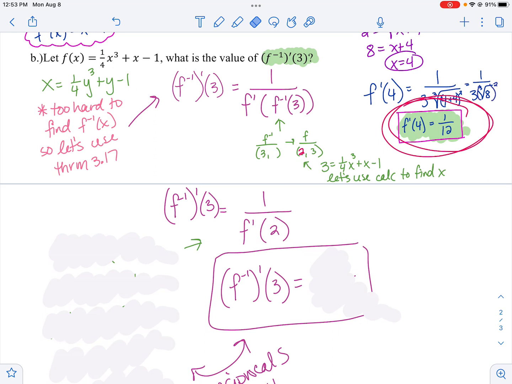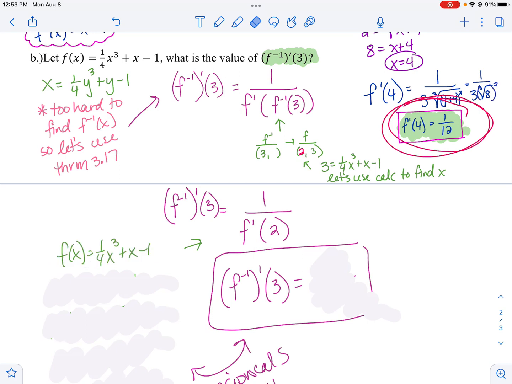Remember switching the x and y's? So now I've simplified it down to the value of f prime at 2 and then its reciprocal. So now we still have to find the derivative of f. Once we find the derivative of f, I can plug in 2, reciprocate it, and that will be the value of my inverse's derivative at 3.